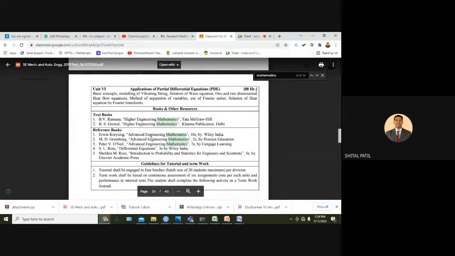Then a separate book on differential equations by S.L. Ross. Then a book, Introduction to Probability and Statistics for Engineers and Scientists, by Ross again.